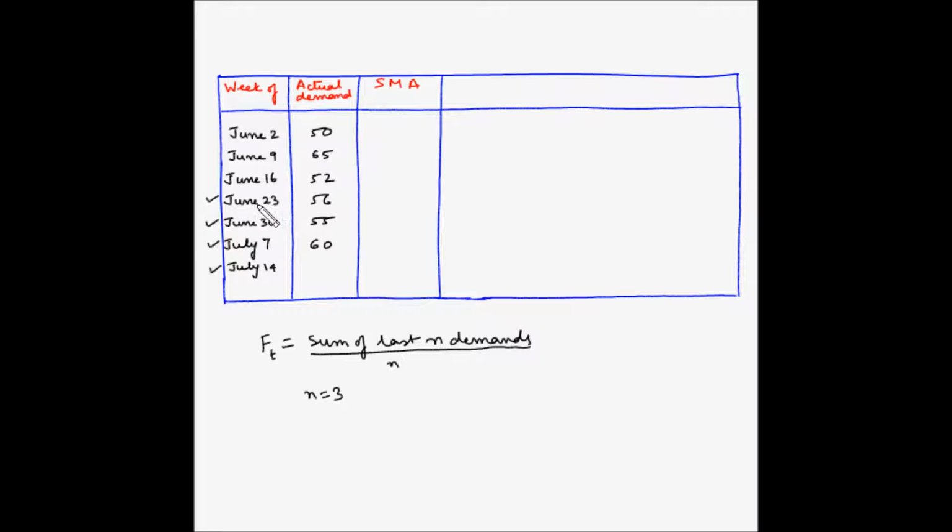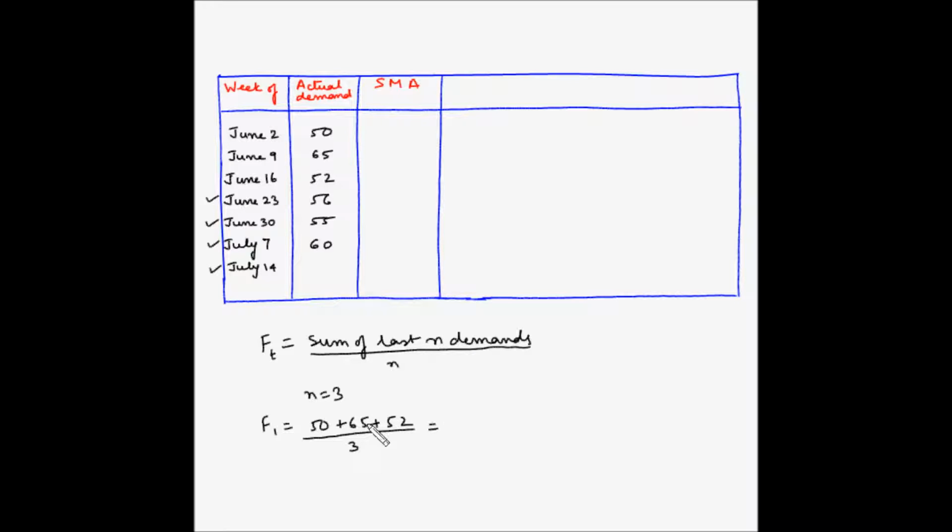So let's first find out the simple moving average forecast for June 23rd. Forecast is equal to the actual demand, 50 plus 65 plus 52, divided by n, which is 3.